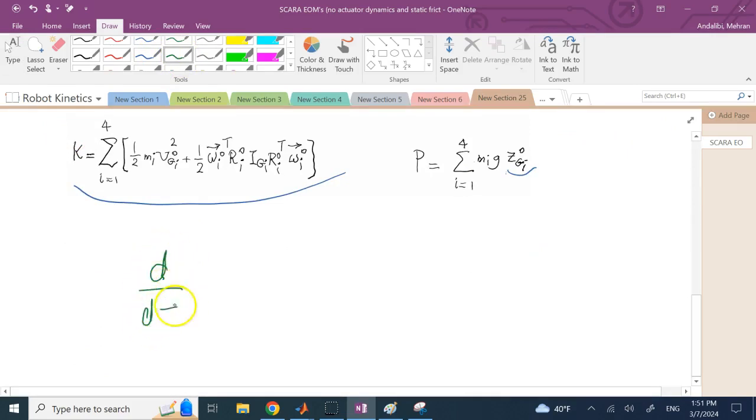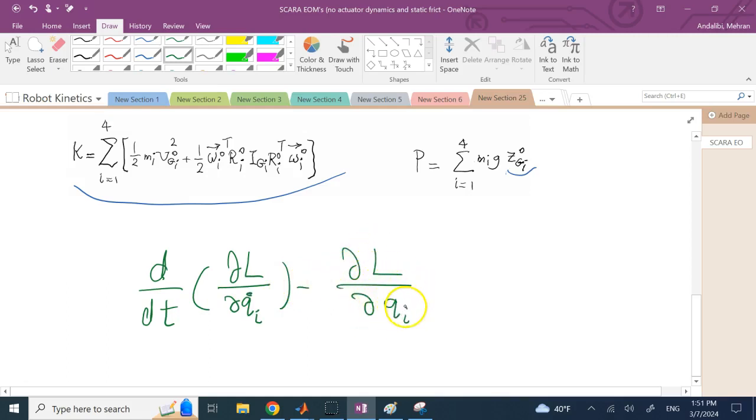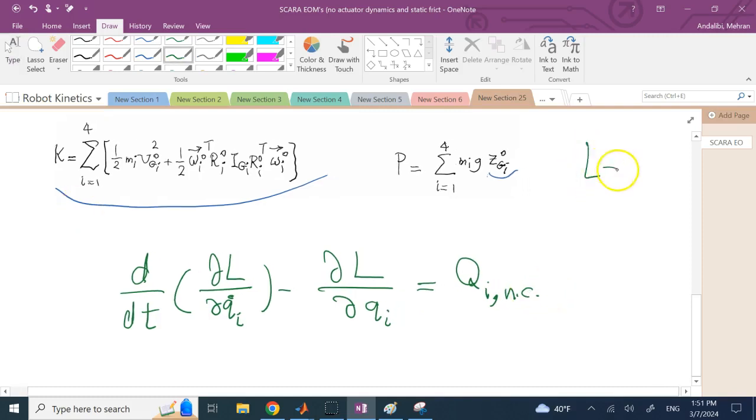It is d over dt of partial of L with respect to Qi dot, minus partial of L with respect to Qi, equals capital Qi non-conservative. And L, as you know, is kinetic energy minus potential energy, the Lagrangian.